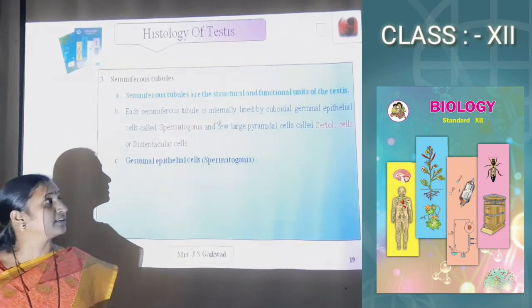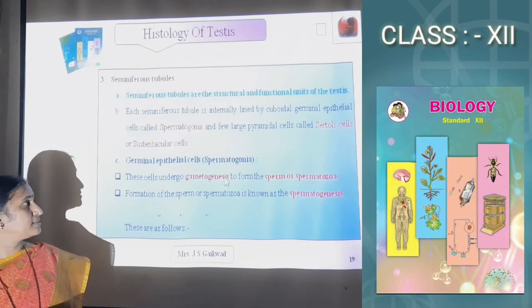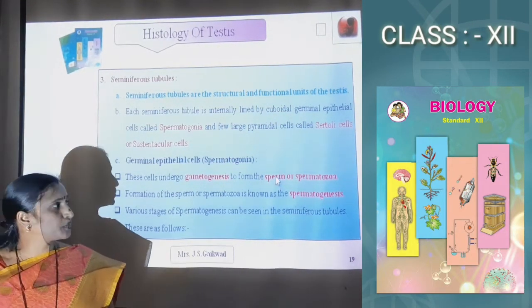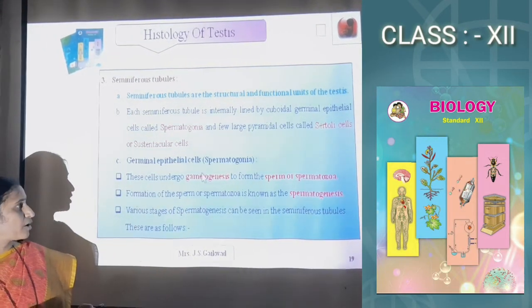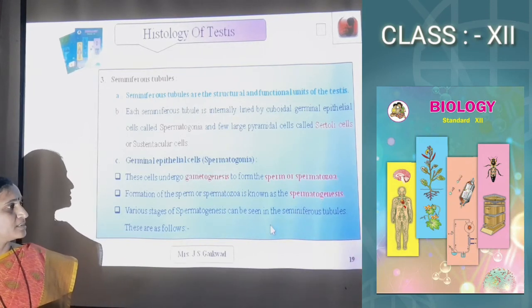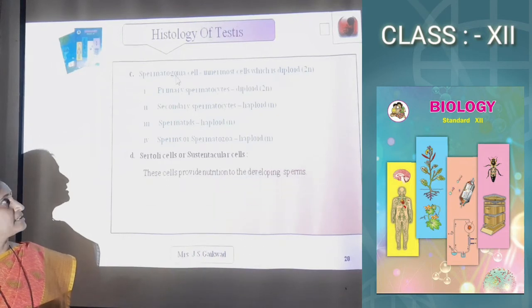The shape of the Sertoli cell is pyramidal. The germinal epithelium cells, spermatogonia, undergo gametogenesis, the formation of gametes, to form the sperm or spermatozoa. Another name of the sperm is spermatozoa. Formation of the sperm is known as spermatogenesis, and various stages of the spermatozoa can be seen in the seminiferous tubule. These are the various developmental stages.